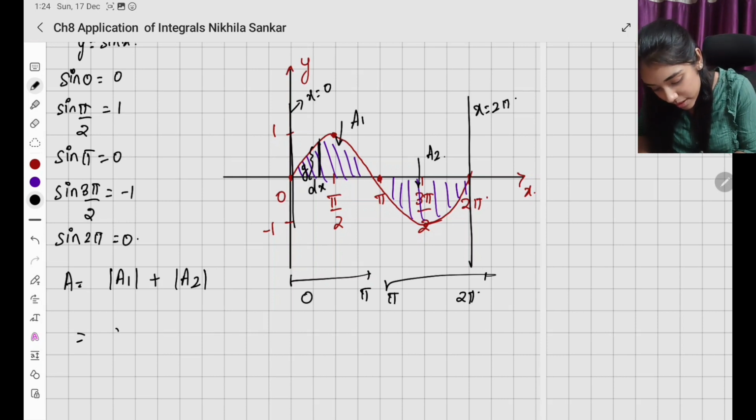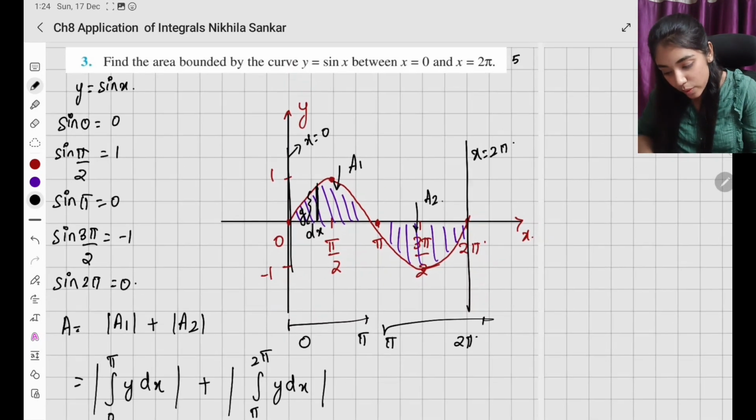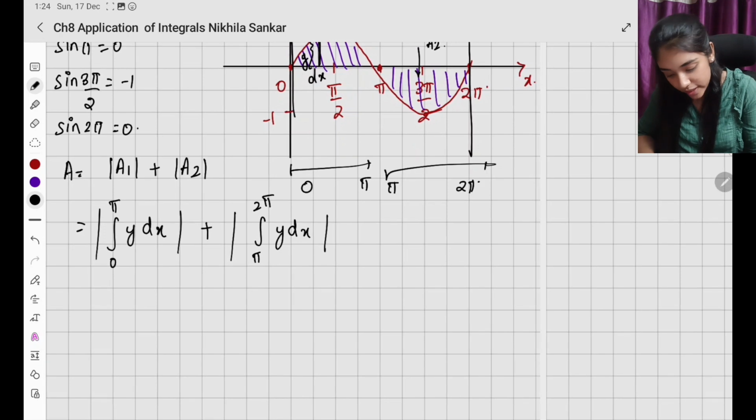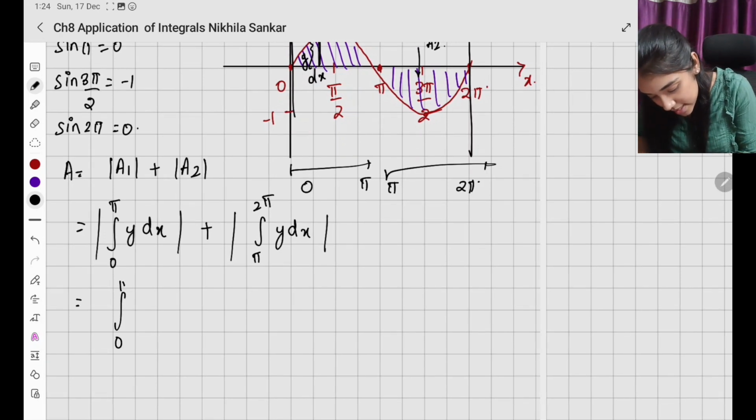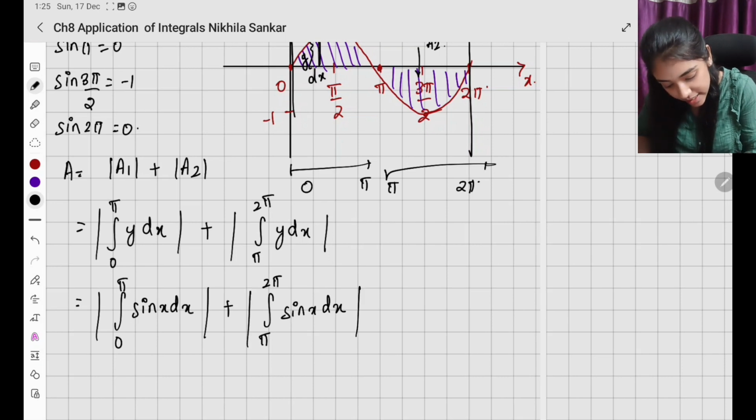So now how will the area look? Integral 0 to pi of y dx inside the absolute value, plus the absolute value of integral pi to 2 pi of y dx. And what is my y? It is going to be sin x. So when I substitute that, I have integral 0 to pi sin x dx inside the absolute value, plus integral pi to 2 pi sin x dx inside the absolute value.